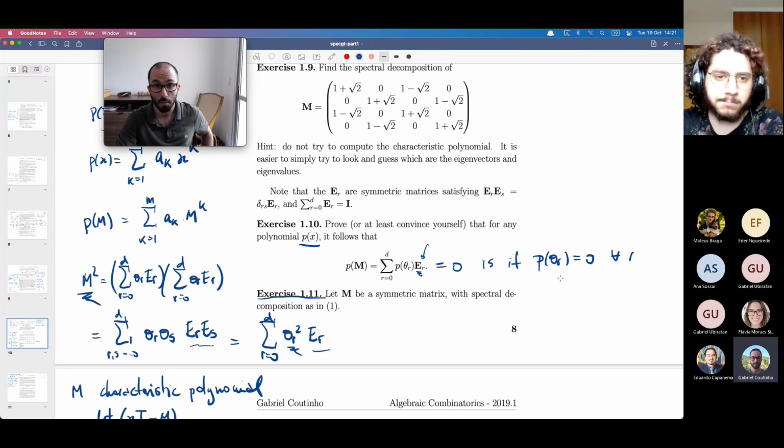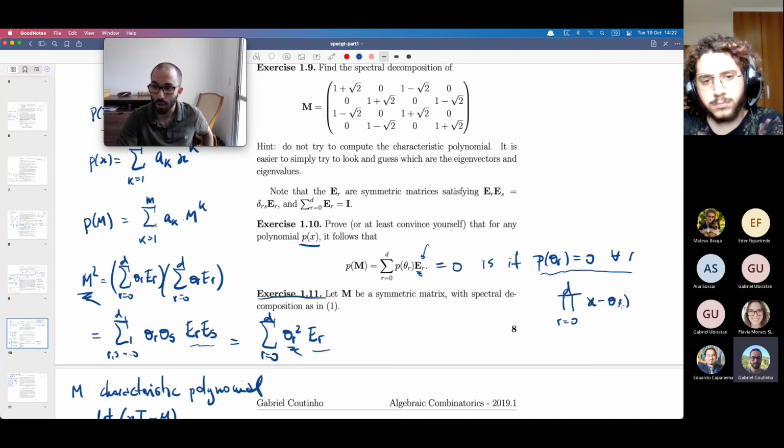The polynomial of smallest degree and leading coefficient 1 that satisfies this property is precisely the product over r from 0 to d of x minus theta r. And we know that these theta r's are the eigenvalues of the matrix.